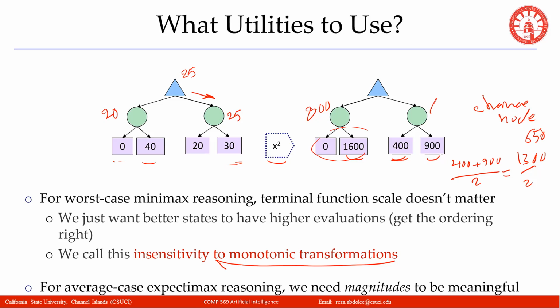So we get 650 for this branch and 800 for this branch. So 800 is going to be the winner. Therefore, we are going to take the left route. As you can see, expectimax is not insensitive to monotonic transformation, and having different utilities at the terminal nodes is going to impact the decision-making process at the root.